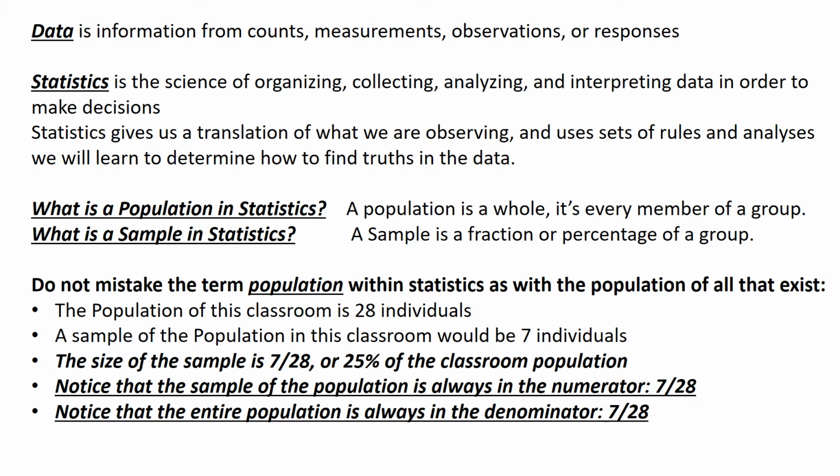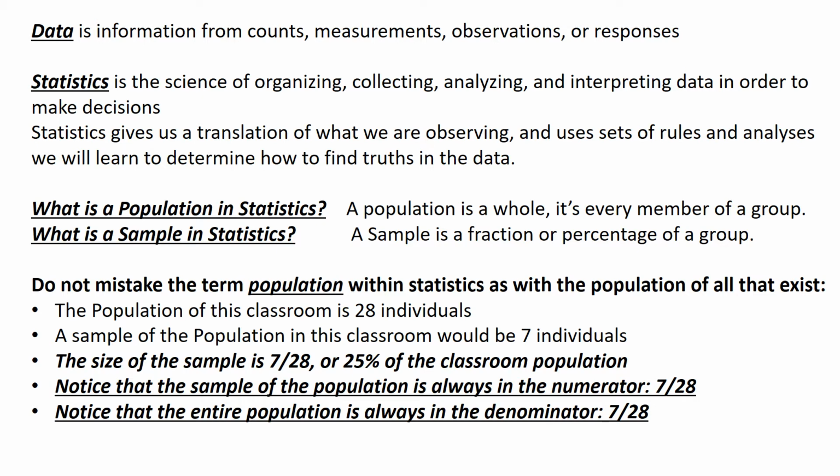Within statistics, we have populations, we have samples. The population is the entire group. A sample is a part of that group. Don't mistake the term population for, let's say, the population of the United States, which is a population. I can talk about the population of a classroom. In our classroom, we have 28 individuals. That's the population as I've defined it.